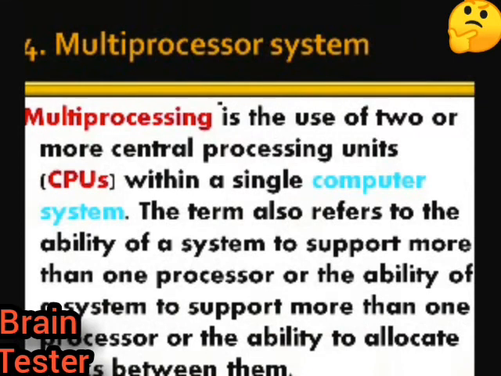Now, multiprocessor systems. Multiprocessing is the use of two or more central processing units (CPUs) within a single computer system. The term also refers to the ability of a system to support more than one processor, or the ability to allocate tasks between them.